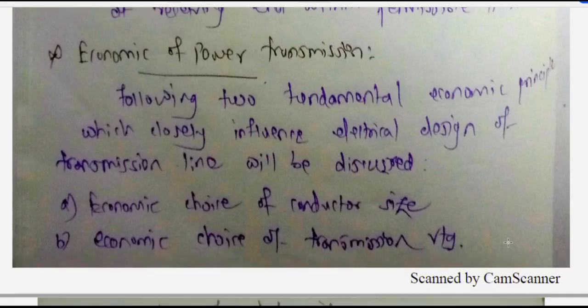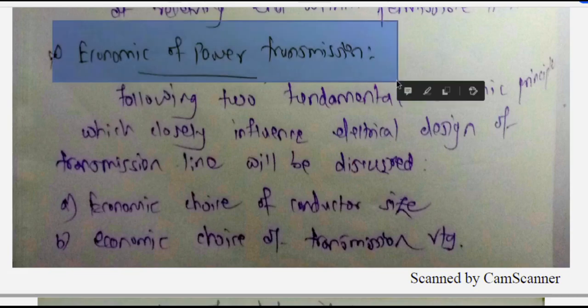Now, why are we always bothered about the economics of power transmission? Because whenever power is transmitted, it is utilized by the consumers, the people who use this power for their working purposes. The following two fundamental economic principles, which closely influence the electrical design of the transmission line, will be discussed.